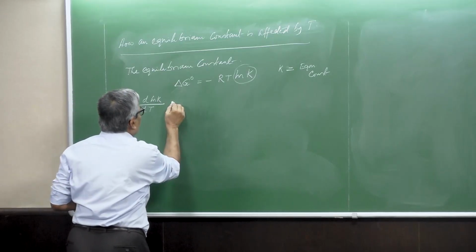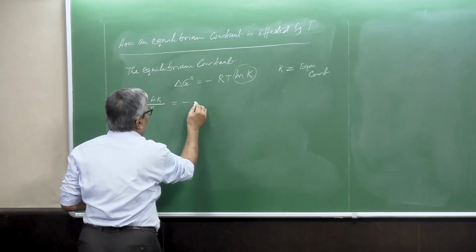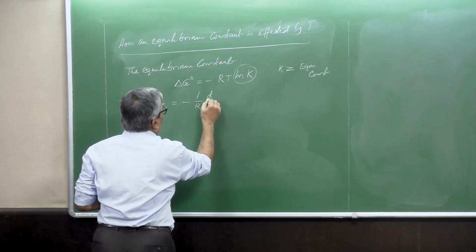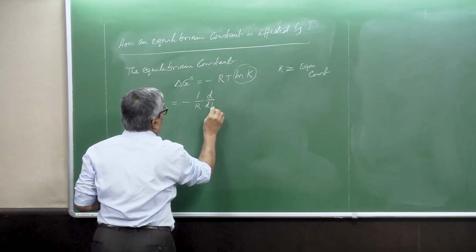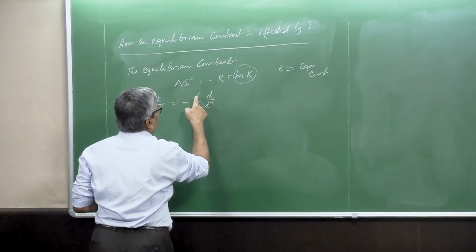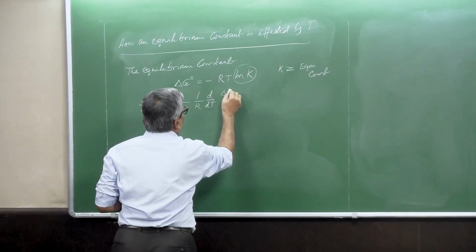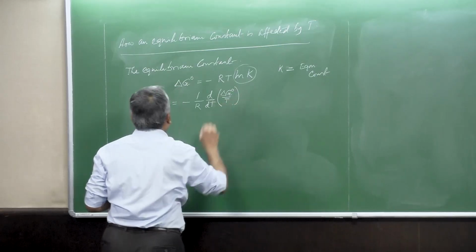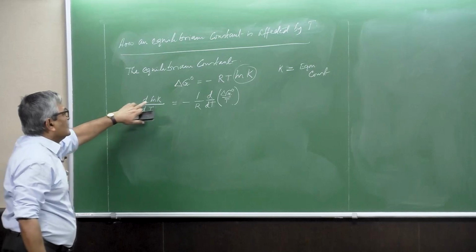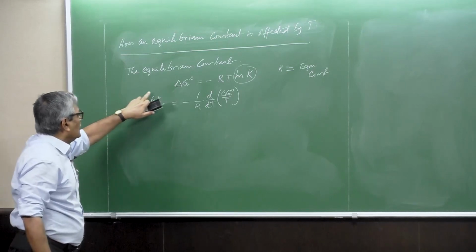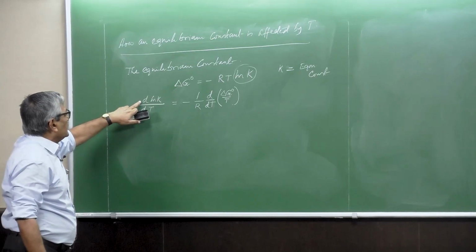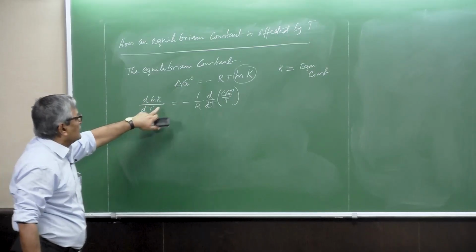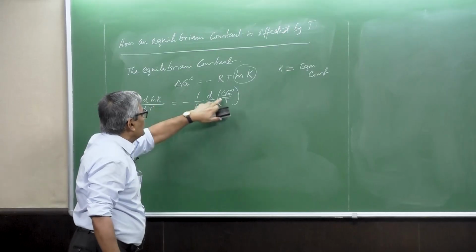That means we have to consider 1 by R d/dT of delta G0 by T. So I can rewrite this equation in this form, that I want to know this side, that is how d of ln K changes with temperature.